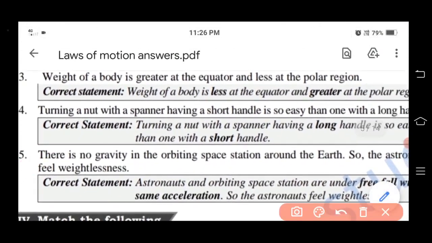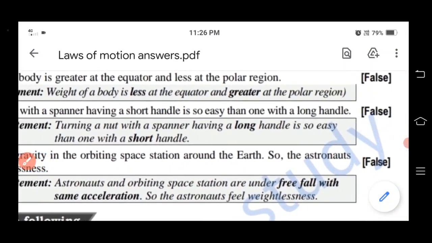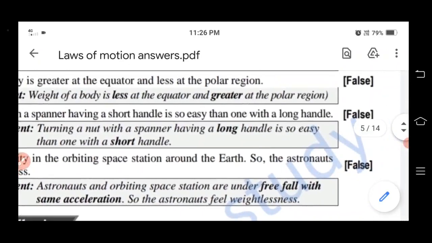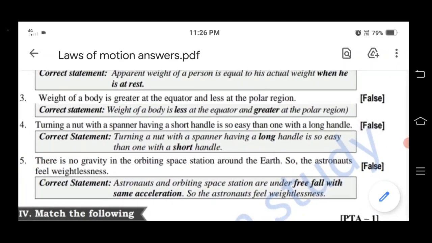There is no gravity in the orbiting space station around the earth, so the astronauts feel weightlessness. The answer is false, because astronauts in the orbiting space station are in free fall with the same acceleration, so the astronauts feel weightlessness.